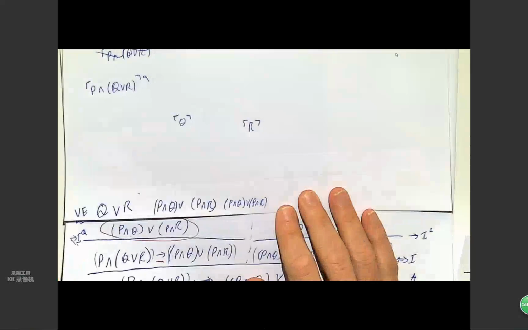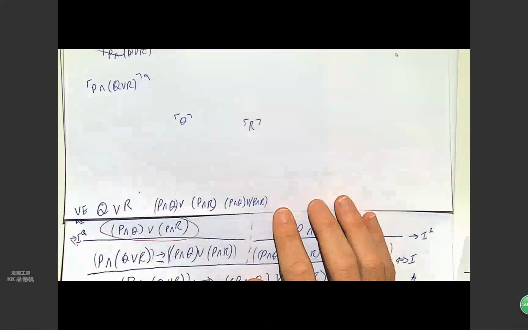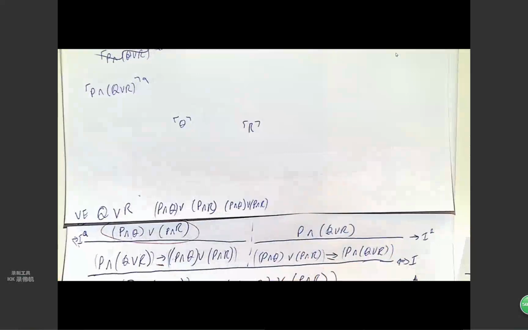I've just applied OR elimination. That's my A, that's my B, and that's my C. So then I can assume Q and prove the same C, and I can assume R and prove the same C, and these are completely separate.